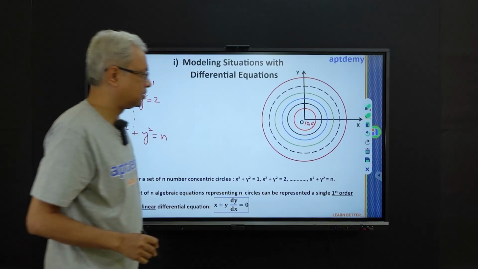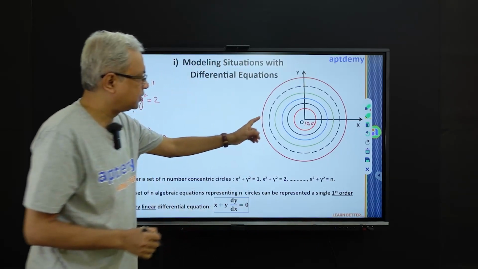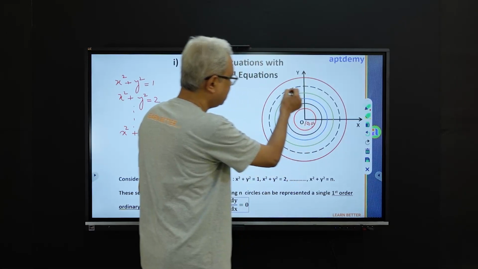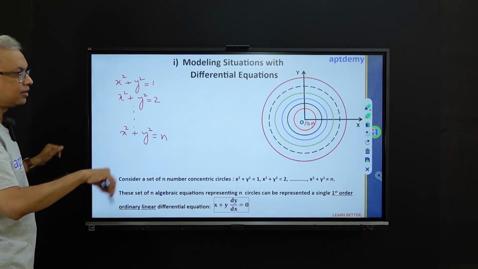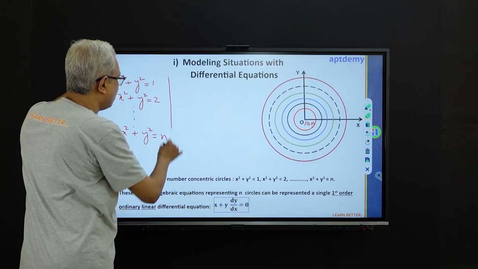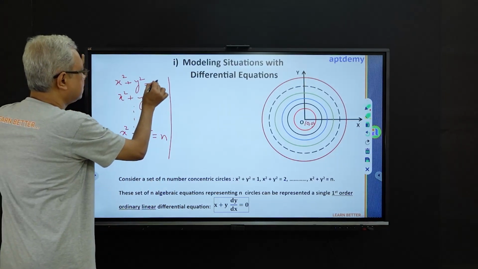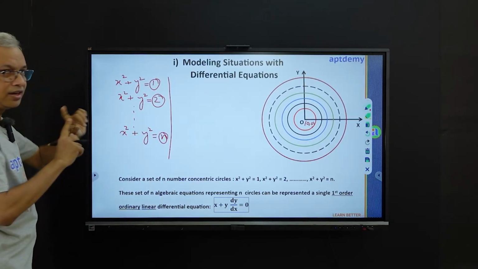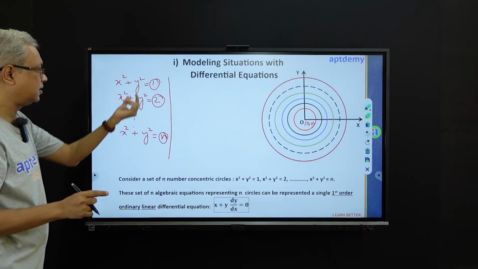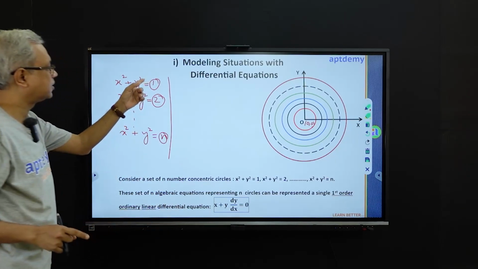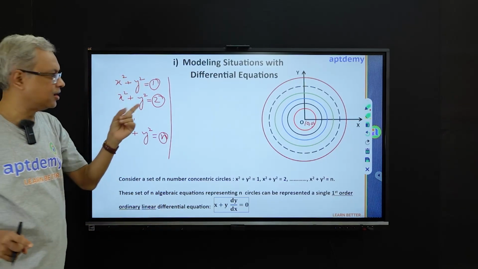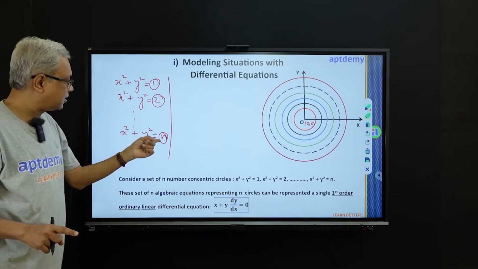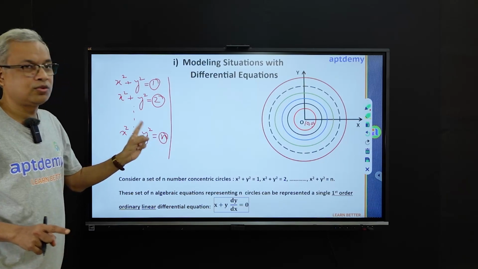These are different circles, represented by different colors; sometimes it is a solid line, sometimes a broken curve. In all these equations, the right hand side has some quantity related to the radius of the circle. It is radius square. That means the first circle has radius 1, the second circle has radius square root of 2, the nth circle has radius square root of n.